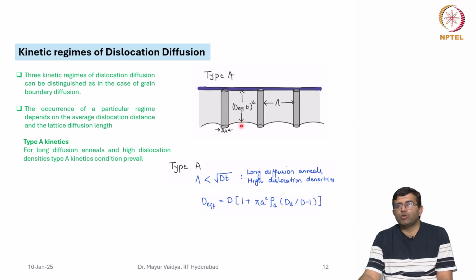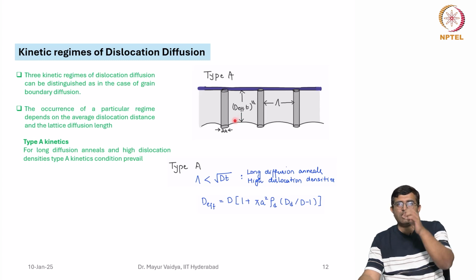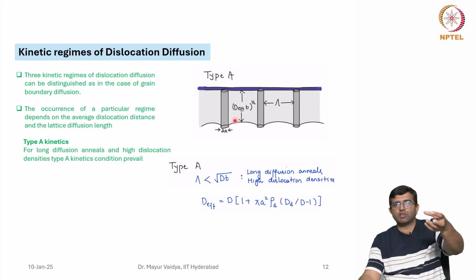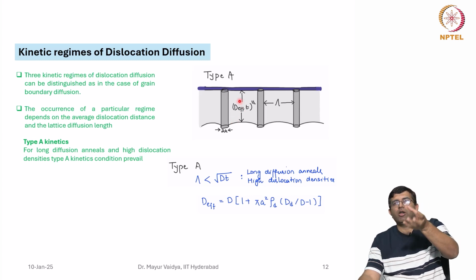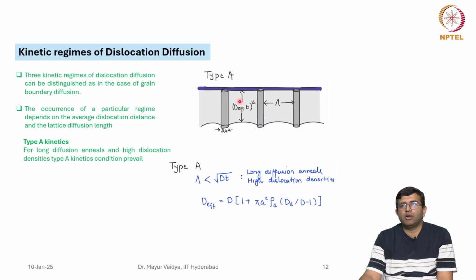So therefore, you cannot distinguish the concentration at any particular point, whether it is coming as a leakage flux of one dislocation, as a leakage flux of another dislocation, or it is coming directly from the lattice through the lattice diffusion. So, in such a case, what you actually effectively measure is an effective diffusion coefficient.